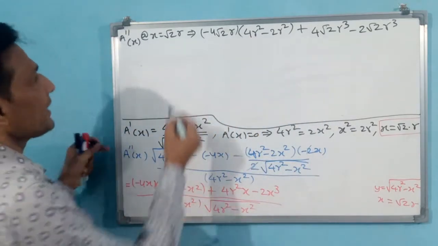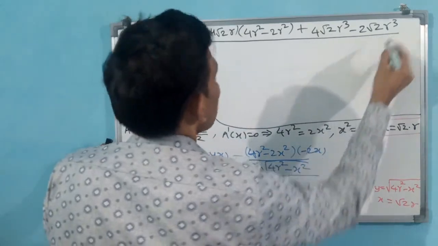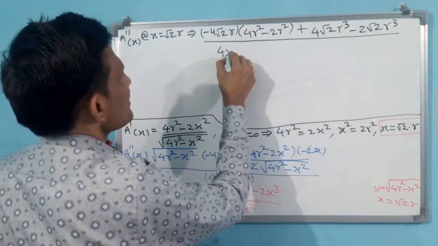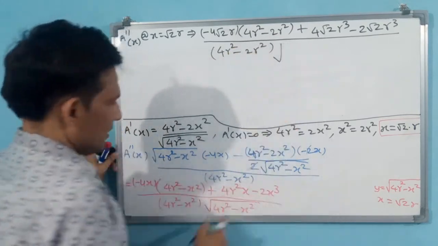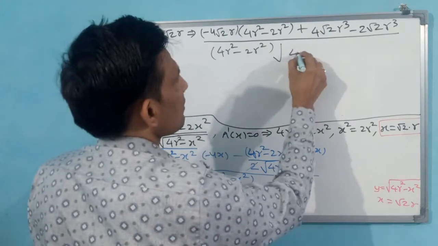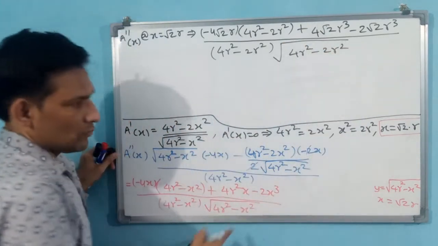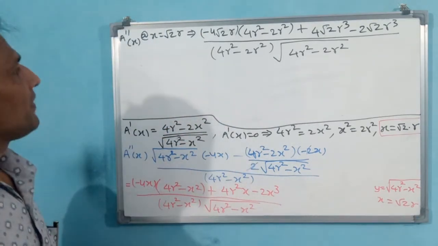This is up to here. Again you come down. 4r square minus x square, same: 4r square minus 2r square. Inside also 4r square minus 2r square, since x square means 2r square. See, this you simplify further.